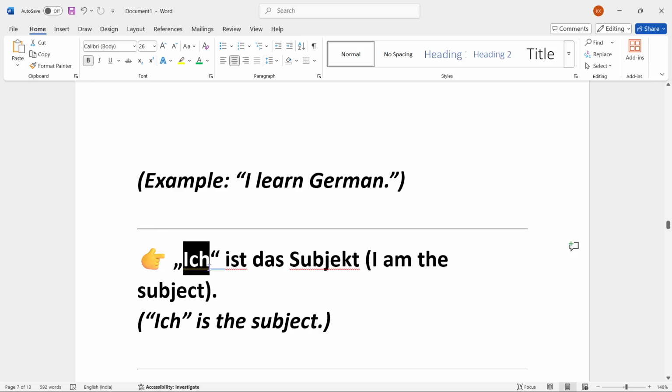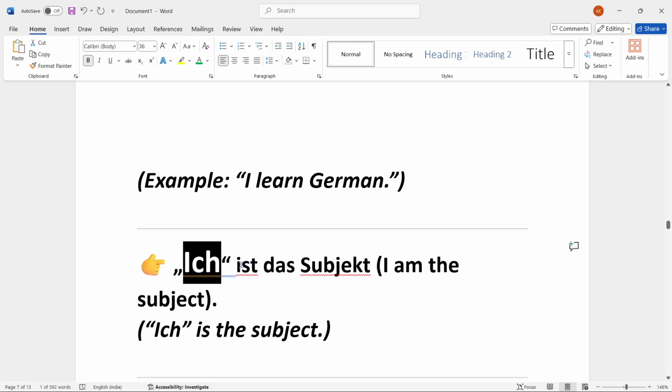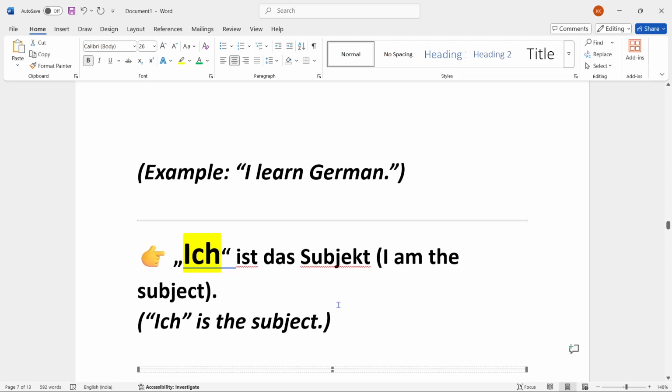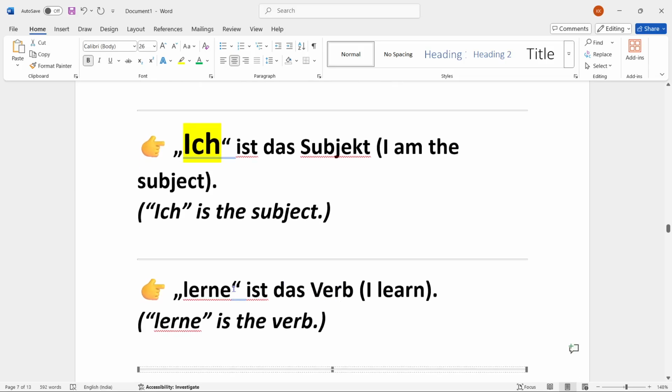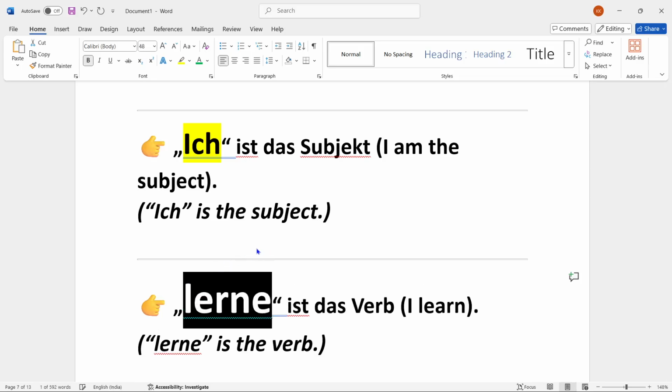So, look at here, ich is our Subjekt. Ich ist das Subjekt. It means ich is the subject of this sentence. Dann wo ist das Verb? Where is the verb? Lerne.